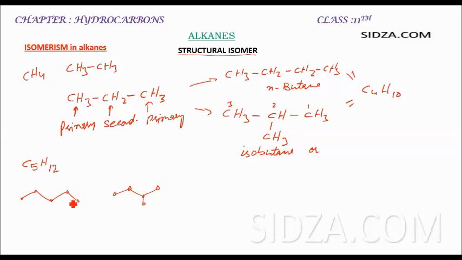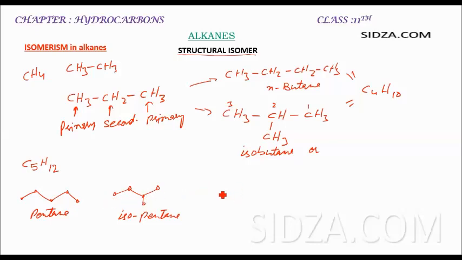This one is pentane, while this one is isopentane, another structure, right? Or you can say this is 2-methyl butane, right? The 2 compounds have different names in terms of the IUPAC nomenclature system.